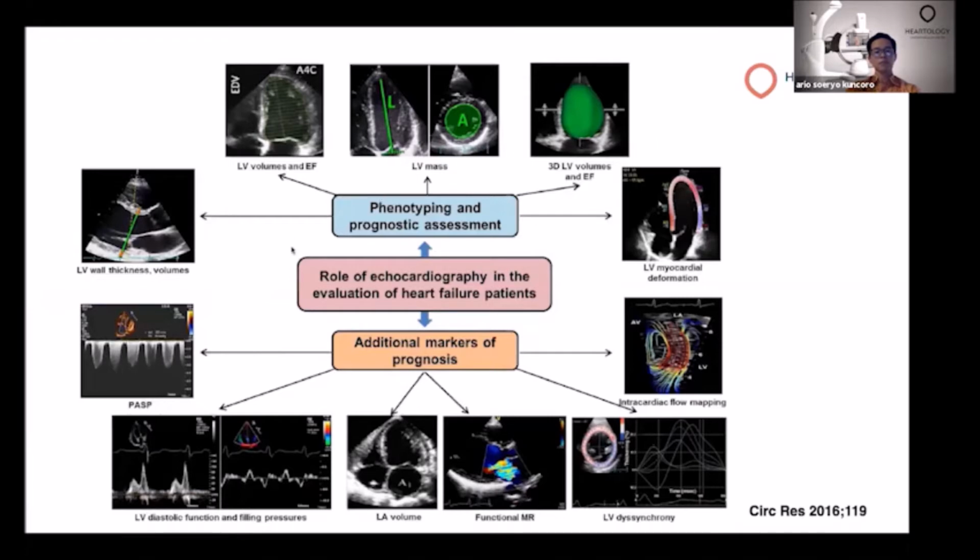No matter what modalities we're using from the echo, we can see the structure, we might be able to define the etiology, and also we can measure other properties or parameters as prognostic factors for these particular patients. And then as a clinician and as part of the heart failure team, we will decide what kind of treatment is more appropriate for the patients.